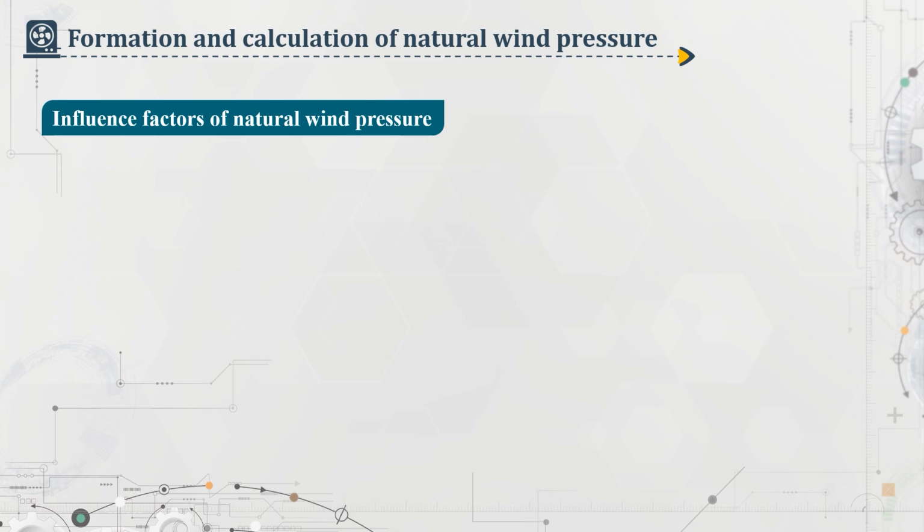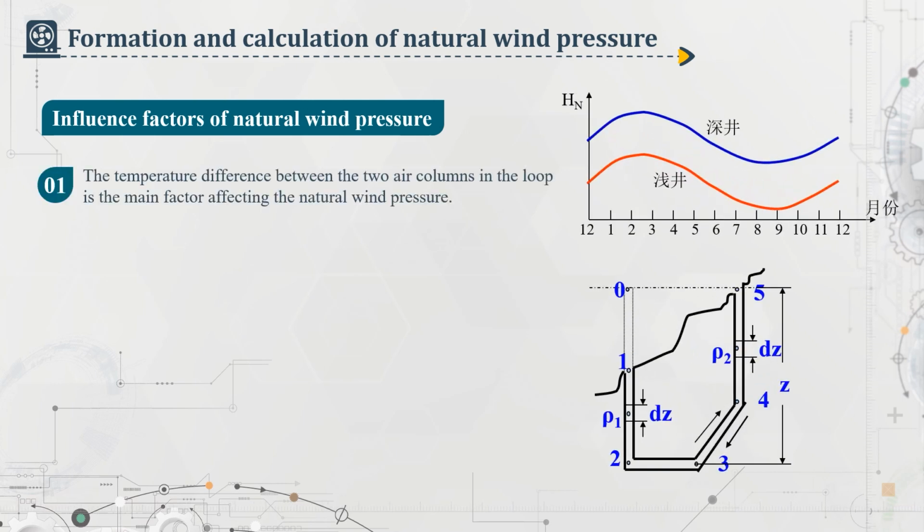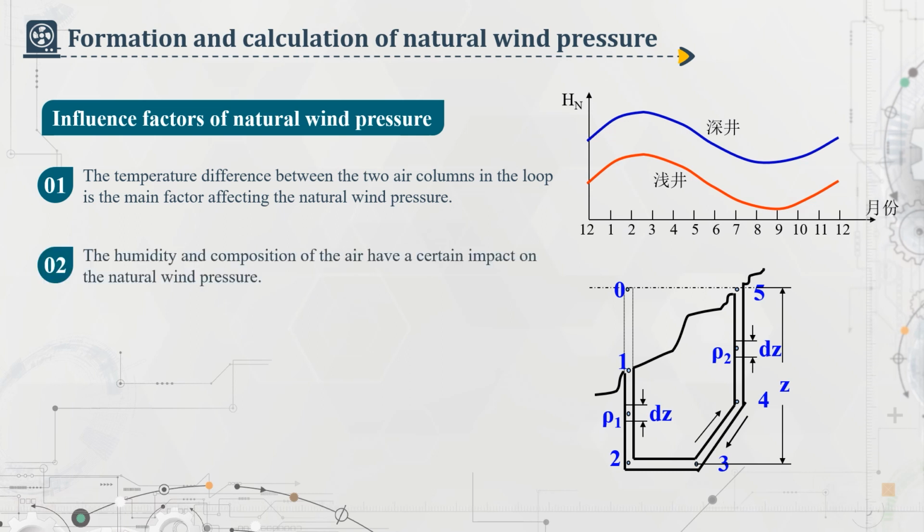Influence factors of natural wind pressure. 1. The temperature difference between the two air columns in the loop is the main factor affecting the natural wind pressure. 2. The humidity and the composition of the air have a certain impact on the natural wind pressure.